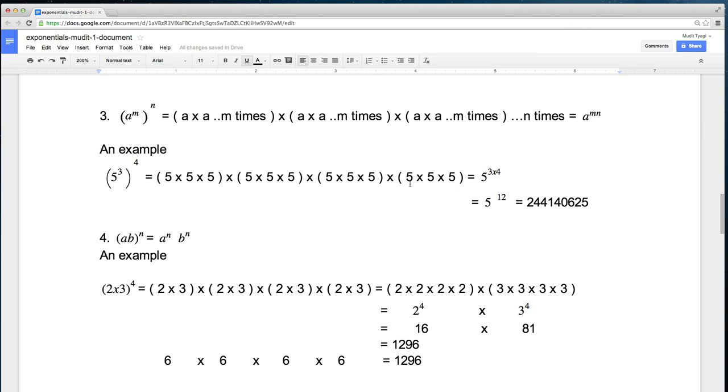And so you can see that the rule we wrote here, a to the m, and then the whole thing raised to the power of n, is equal to a to the power of m times n, is working out. We had 5 to the power of 3, the whole thing raised to the power of 4, and that's equal to 5 raised to the power of 3 times 4. And you've got 5 to the power of 12, which happens to be this big number.